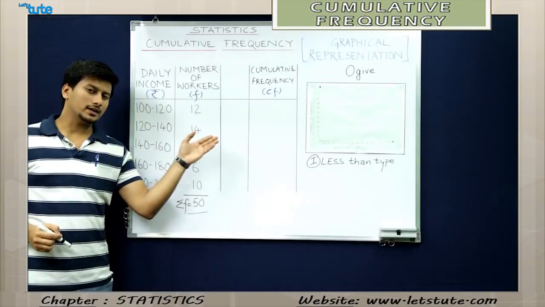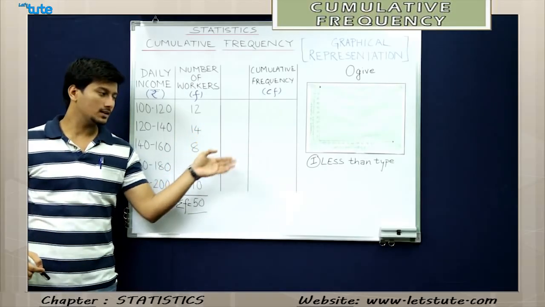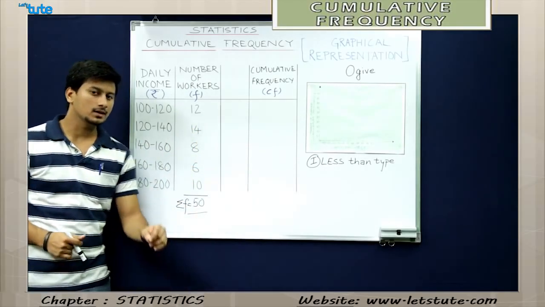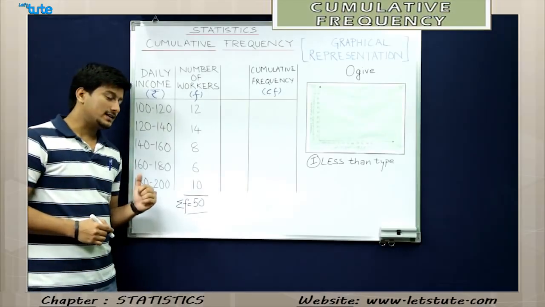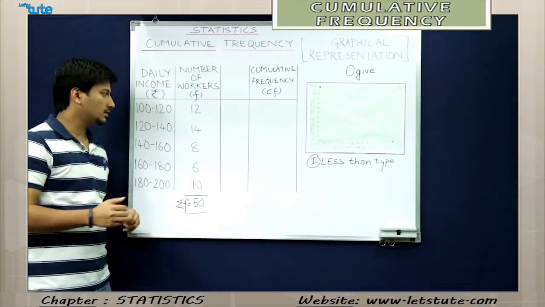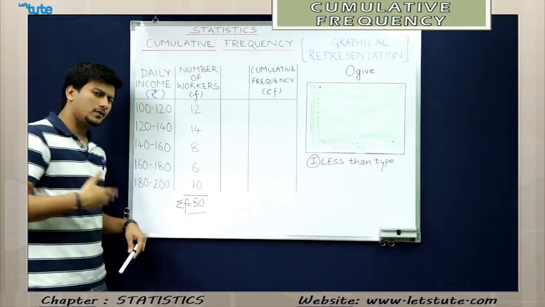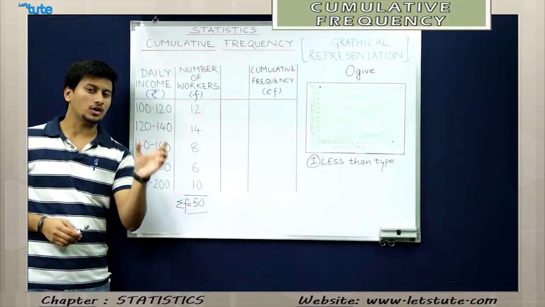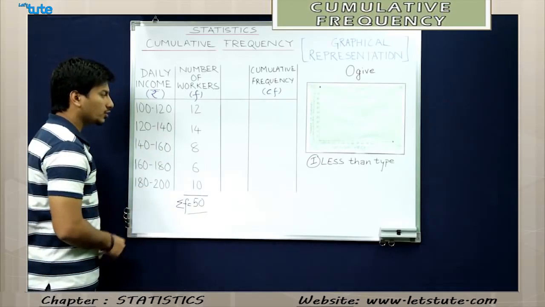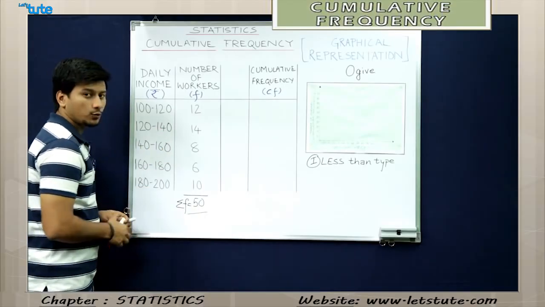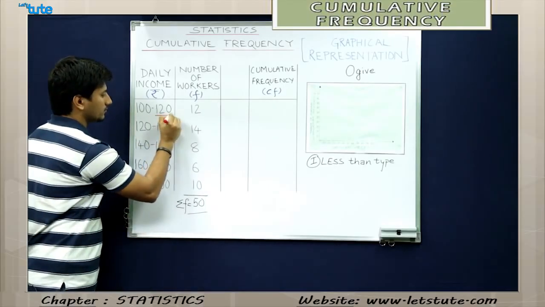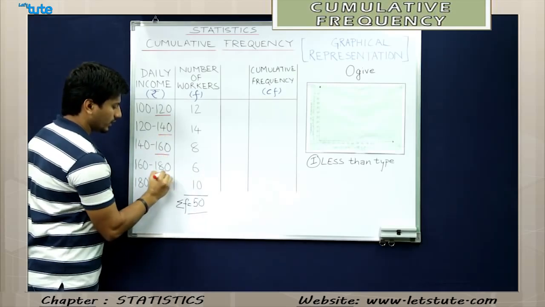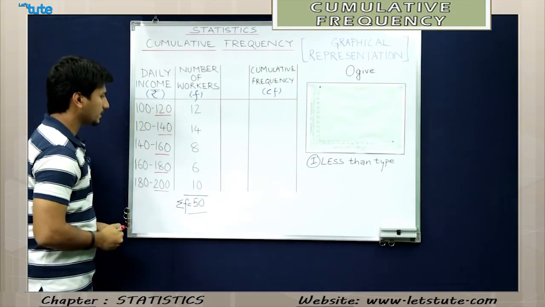Now before we calculate the cumulative frequencies, let's come back to the point of why the name less than type. Because in this case we have to actually take the upper limits. Whenever we say less than something, that means that something has to be of the higher value. So we are going to say less than 120, less than 140, less than 160, 180 and 200.